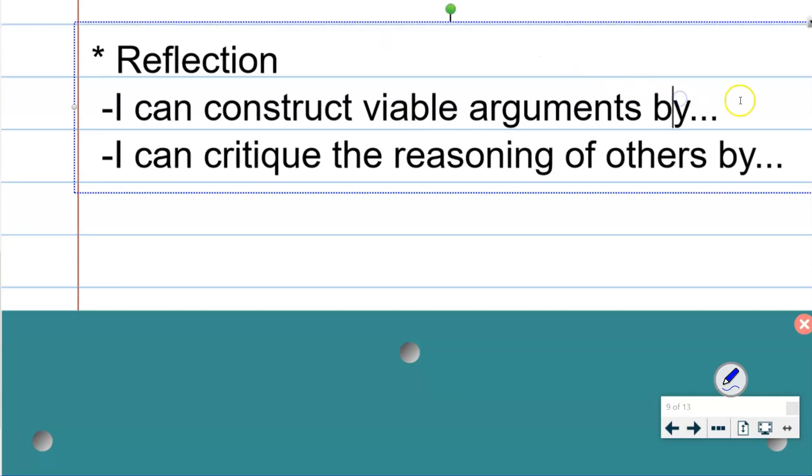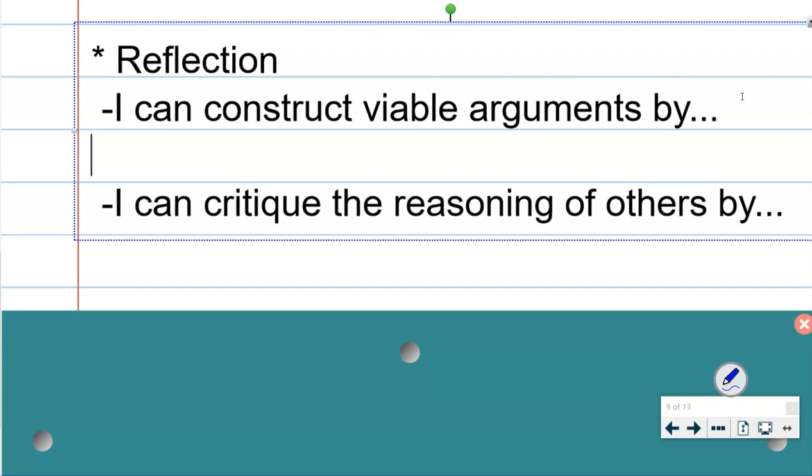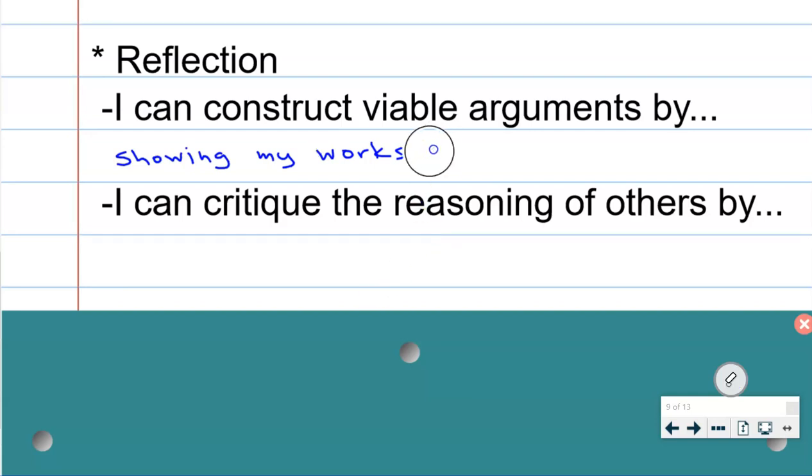And if I have my way, I would strongly advise you to put I can construct viable arguments by showing my work. I'm not going to make you write that, but I do think that is one of the best ways to do it, and it's one that I want you all to practice and get better at. So complete those 2 sentences.